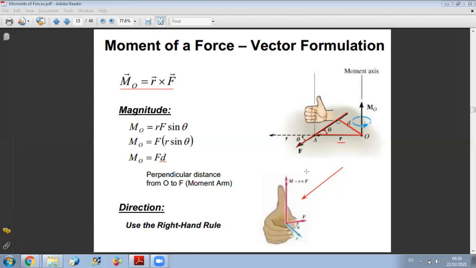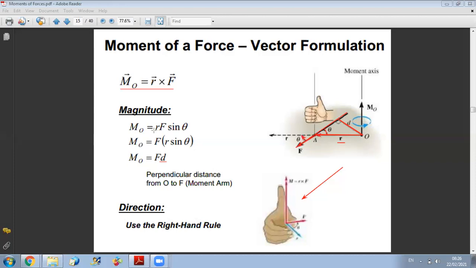Now, why will the vectorial formulation give me this result? Because look, let us do R vectorial F. What is the definition of R vectorial F? In magnitude, it is magnitude of R times magnitude of F times sine of the angle in between.